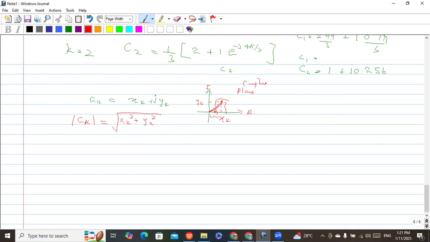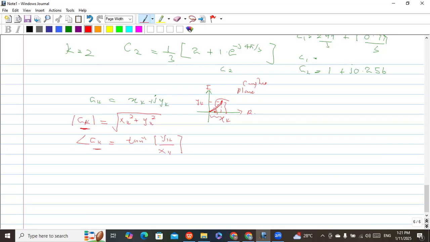And this theta you can refer to as the phase. The phase of Ck can be found using the tan inverse of yk divided by xk. So this is the magnitude of Ck and this is the phase of Ck.